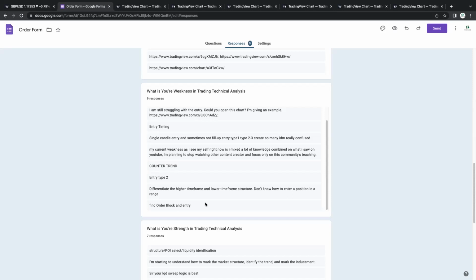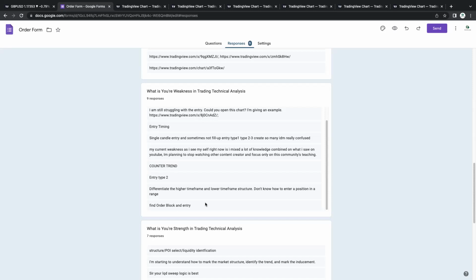First one is structure. Find the correct structure, mark the correct structure. If you joined recently, then you have to stick to the structure. Once you are able to identify the valid structure, then go for the next move, because structure is the main thing, because structure gives you direction. Okay, so find the correct structure.